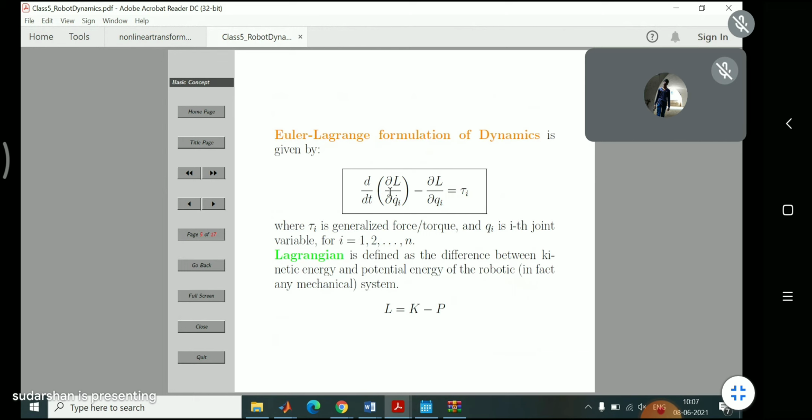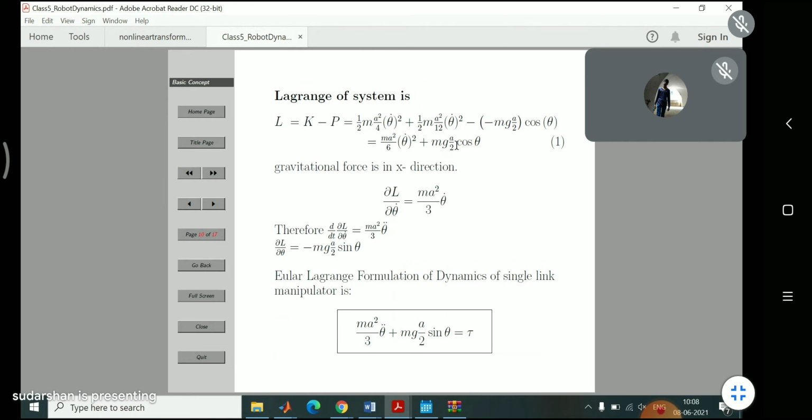It is ma square by 3 theta dot. The theta dot term is only in the first term. There is no theta dot term in the potential energy term. So the partial derivative of this second term with respect to theta dot will be equal to 0. So only with respect to the first term we are taking the partial derivative.